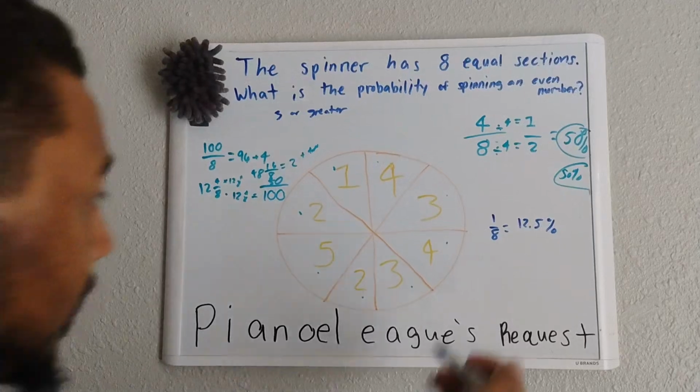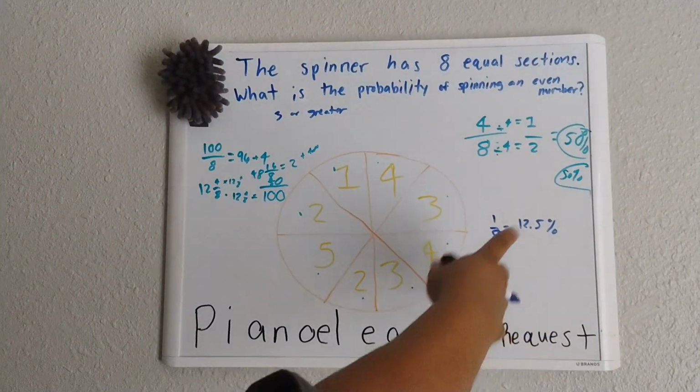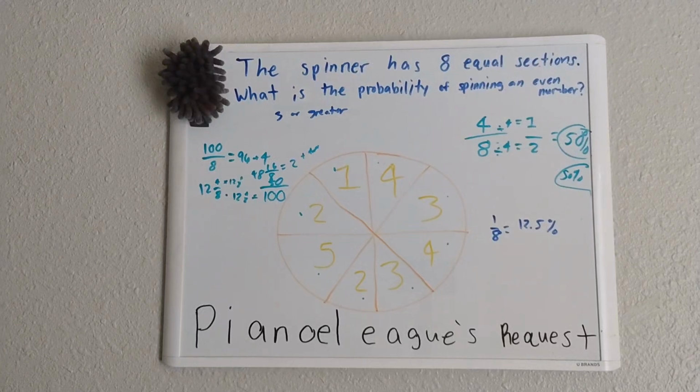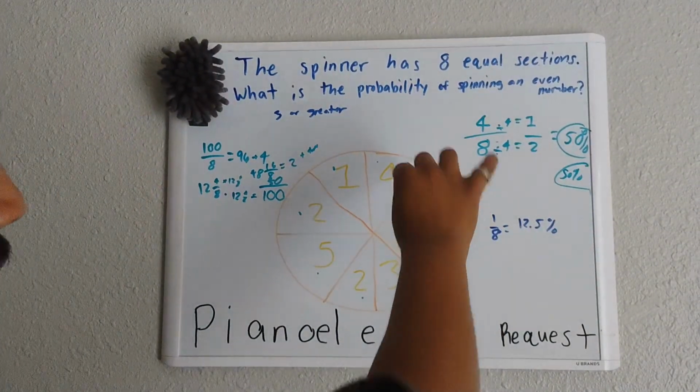So 1 over 8 is 12.5%. If it's 2 over 8, you just multiply it times 2, you get 25%. Times 3, 37.5%, and so on. So 3 or greater. So how many is 3 or greater?